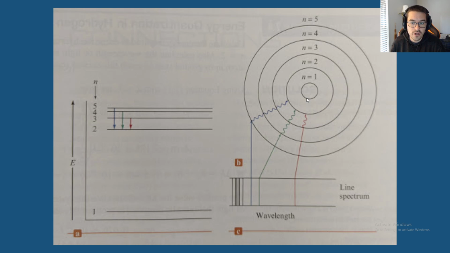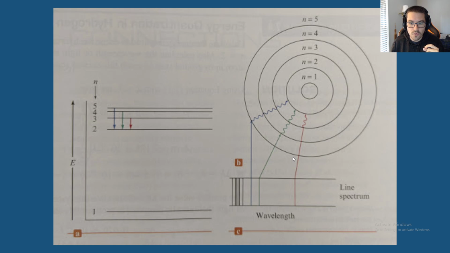In Bohr's interpretation, that means the electron jumps up energy levels, and then shortly thereafter, due to its attraction to the proton, it falls back down to its original state, and in doing so, it releases the energy that it absorbed. That amount of energy is exactly the same amount that it absorbed, and it corresponds to a frequency or a wavelength.